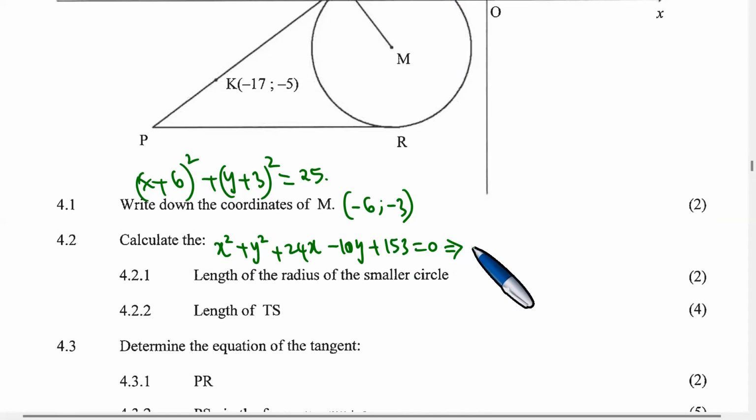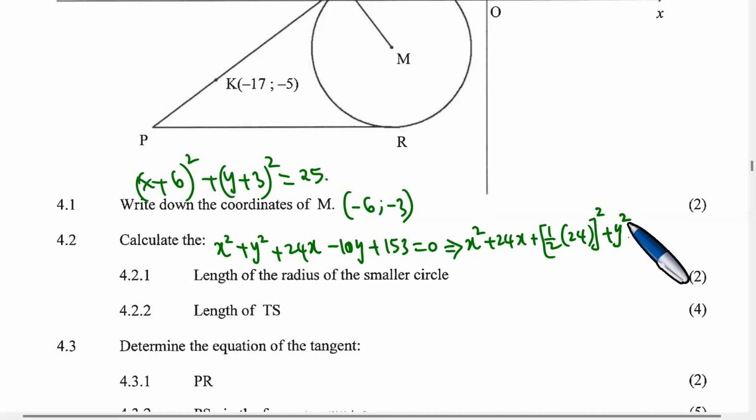So what is this? This is exactly x squared plus 24x, then you add half the coefficient of 24, all squared, plus y squared minus 10y plus half the coefficient of minus 10, squared, and this is the same as 153.